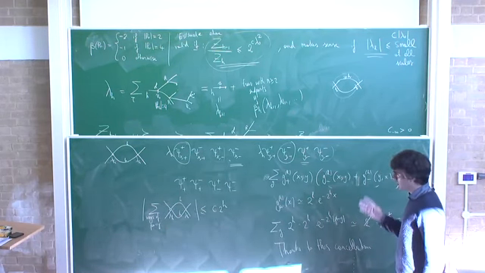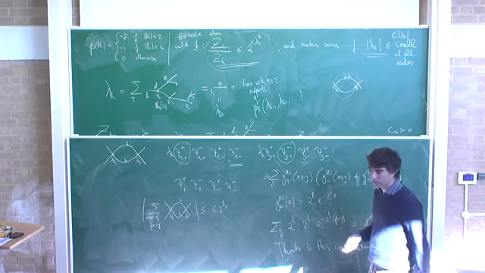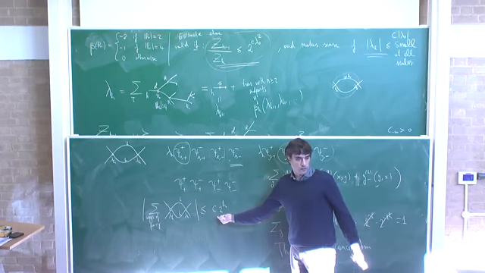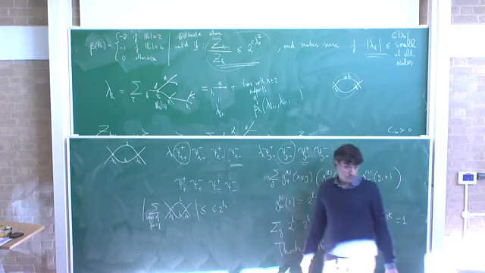So this tells you that the beta function at second order is not exactly 0, but almost so. It's summable.